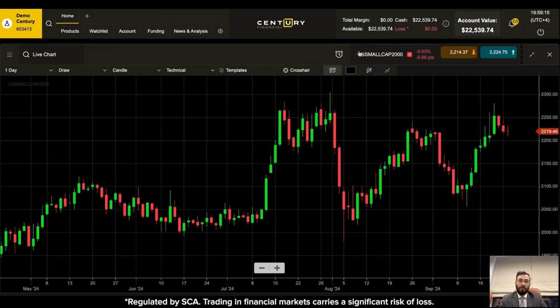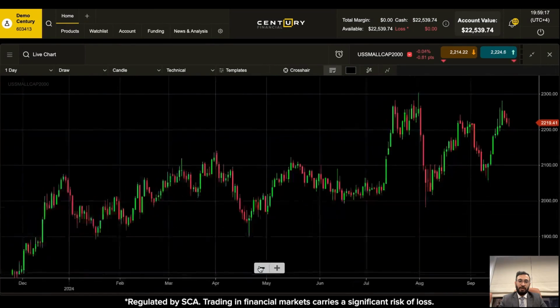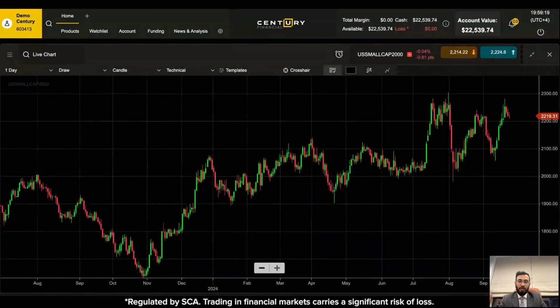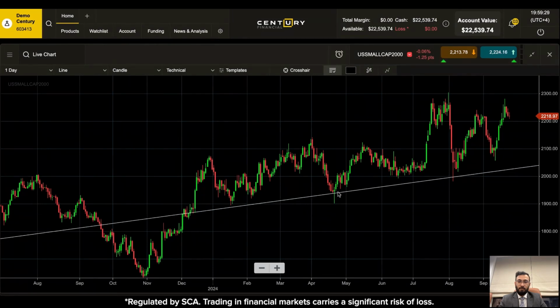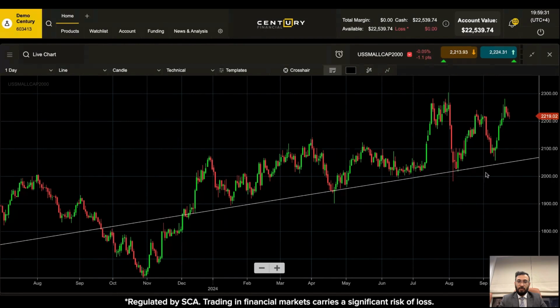Let me show you how 2024 has been for small cap. Look at this increase so far. Look at this, it's completely in an uptrend.